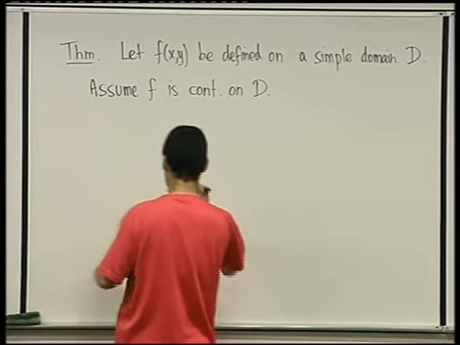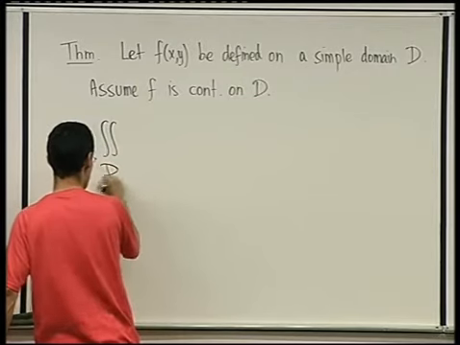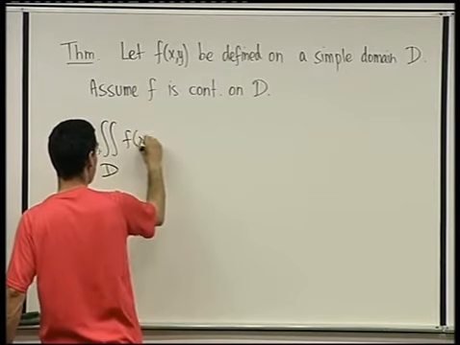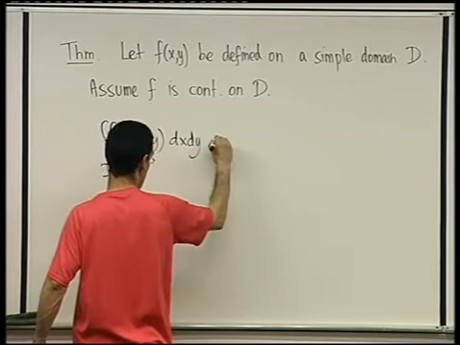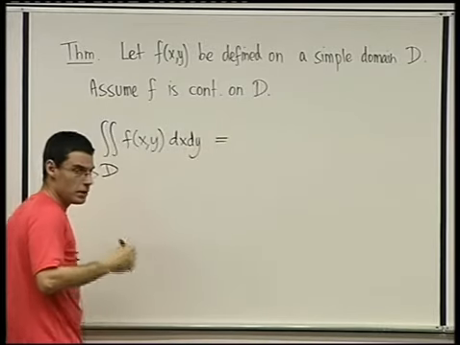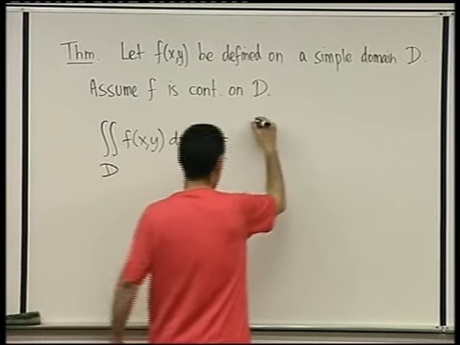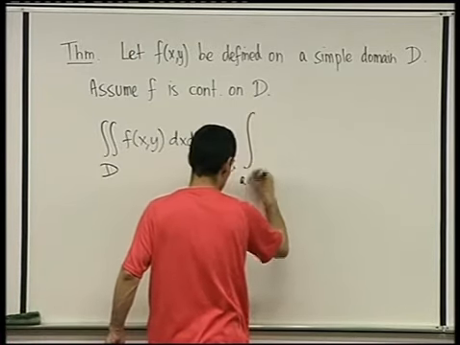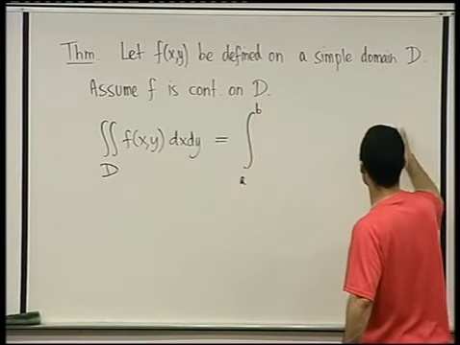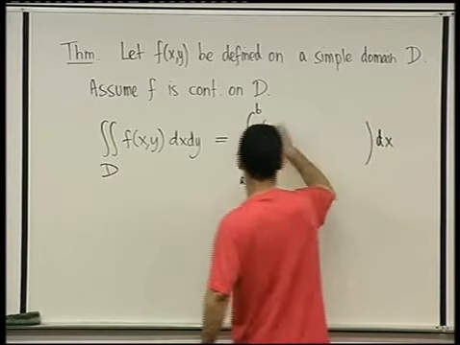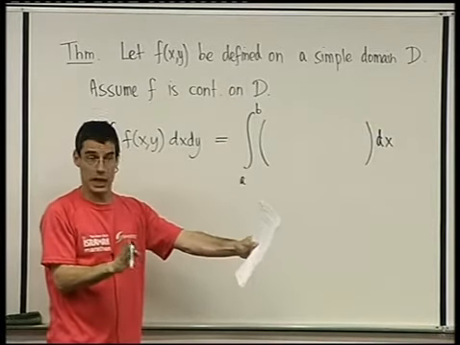Then the double integral on the domain D of f(x,y) dx dy equals, and now I'm going to do kind of what I did previously, so the outer integral is again going to be an integral between a and b dx, because all the x's are restricted between a and b.